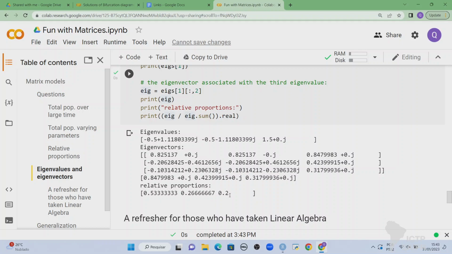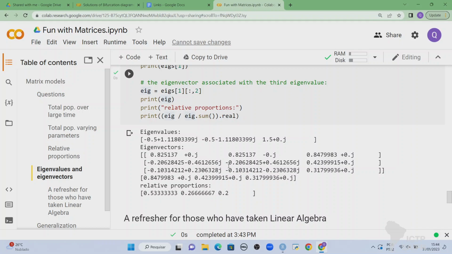You see? For a long time, the stable age distribution will be the eigenvector associated with the principal eigenvalue. So it would have told you all about the solution for a large time without ever simulating, just by analyzing the matrix of my system.